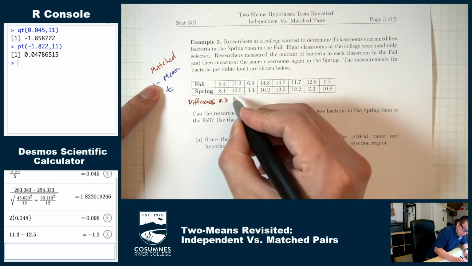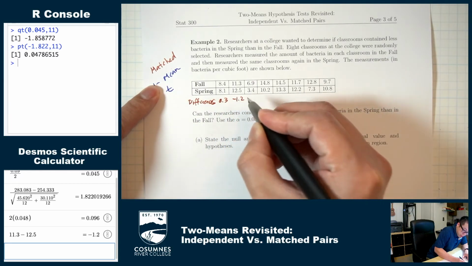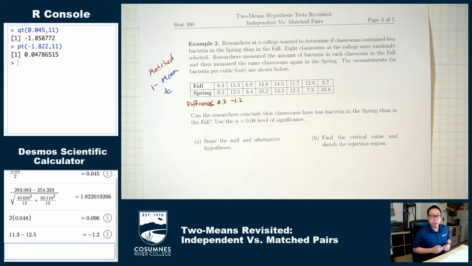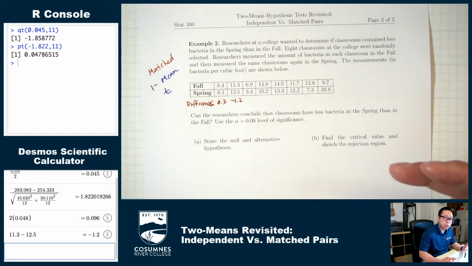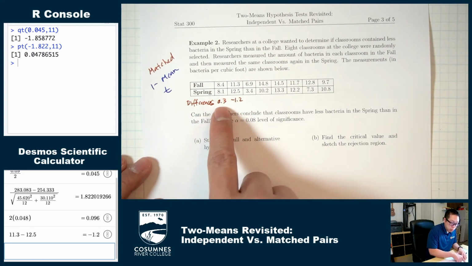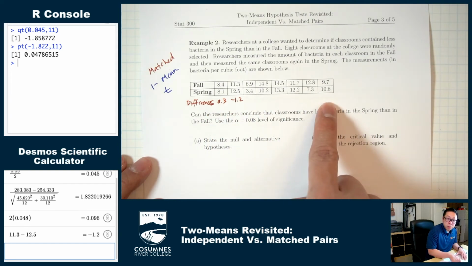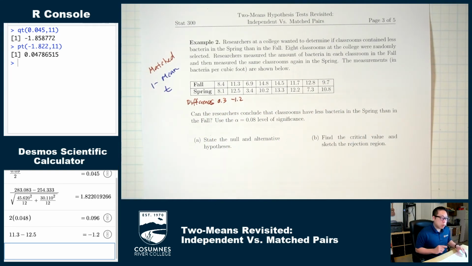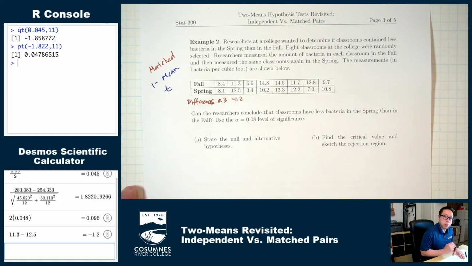So don't do this by hand. We're going to do this in Google Sheets. The idea here is if it's matched, we're going to combine the two samples together by subtracting them, and then we'll deal with the one set of numbers, the differences. Okay? So let me switch over to Google Sheets and enter this and then show you what to do.